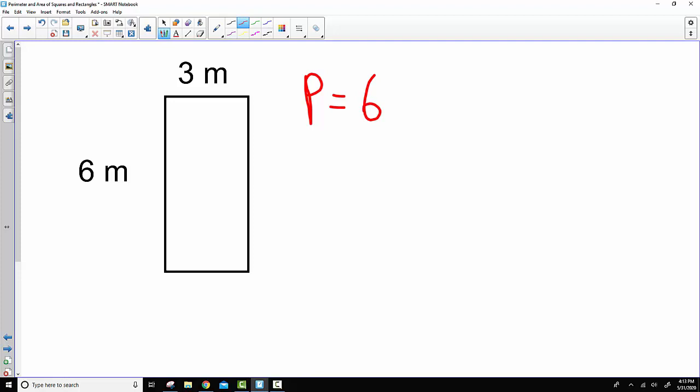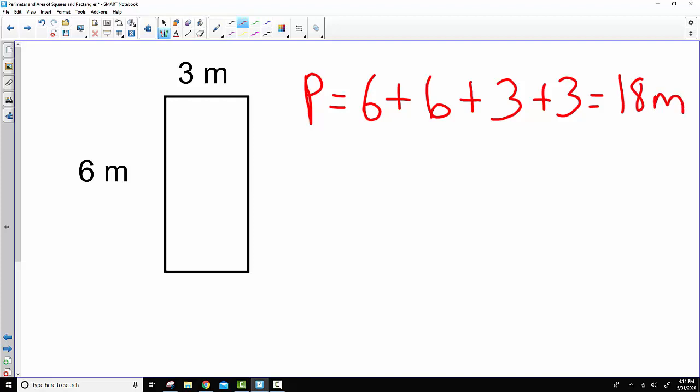So we have a 6 plus 6. And again, we look at the outside edge for perimeter. On the top and bottom, we see 3 meters. So adding together all the outside edges, we have 18 meters. And that is our perimeter for this figure.